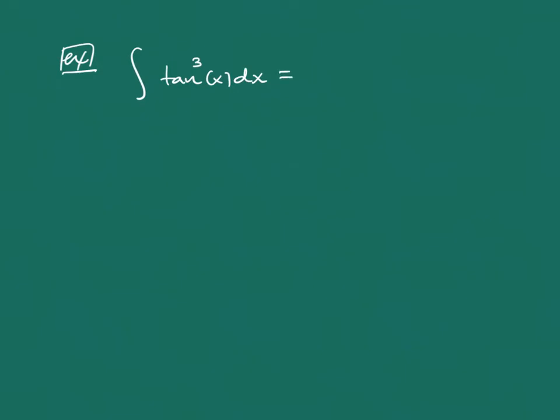Well, if our power on tangent is odd, we can still take out one power, and so we've got an even power left.